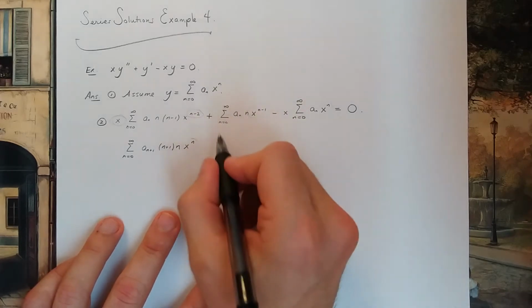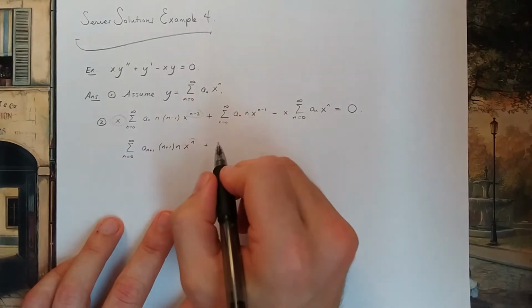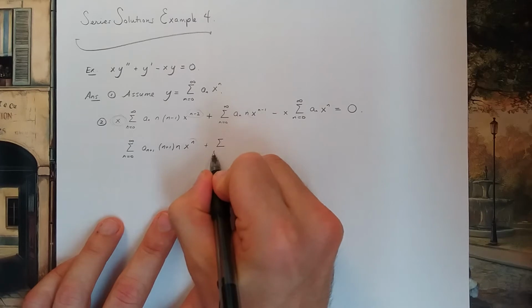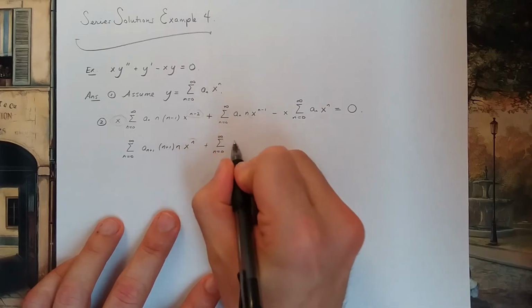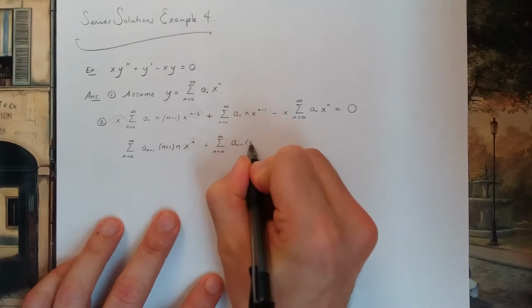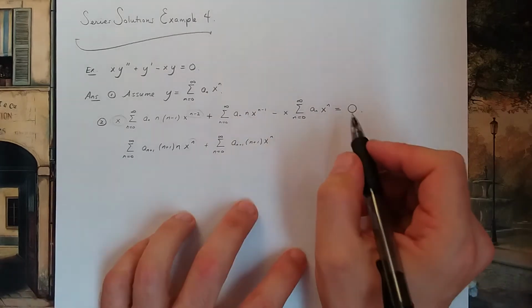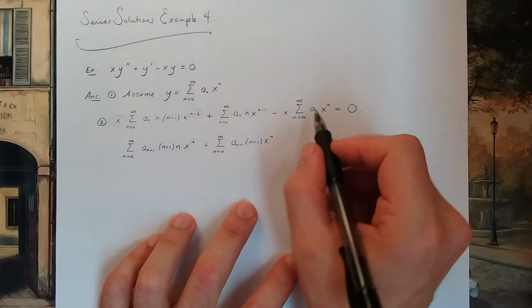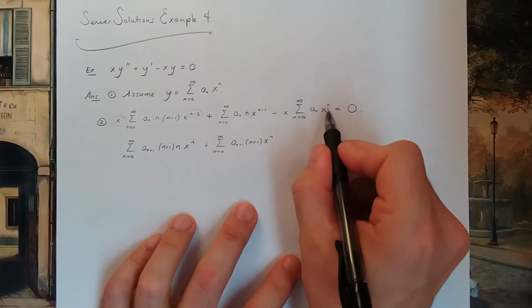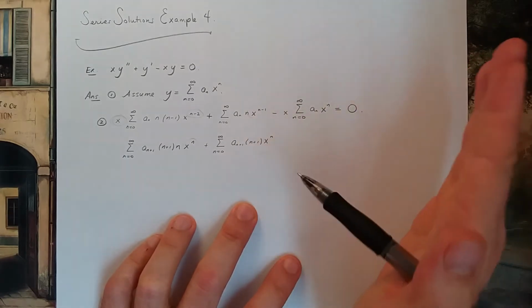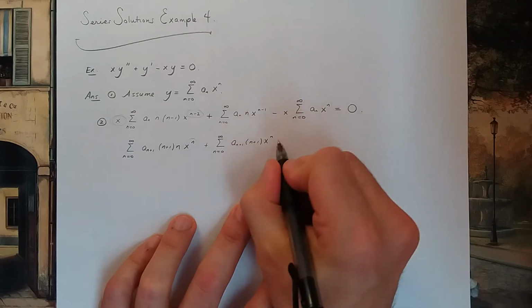I do a similar calculation for the middle term. The middle term will be the sum from 0 to infinity of a_(n+1) (n+1) x to the n. Now for the last term, I have x to the n plus 1 power, so I want to shift everything down.